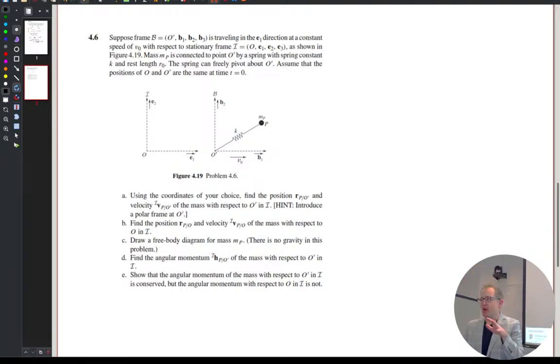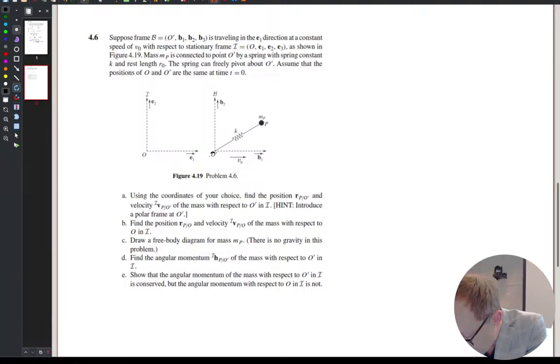All right, this problem is going to be a lot of little steps, and we're looking at some theory about angular momentum. When is it conserved? When is it not? So here we have these two reference frames.